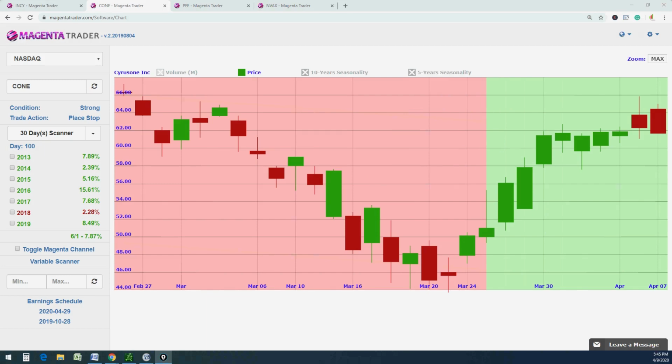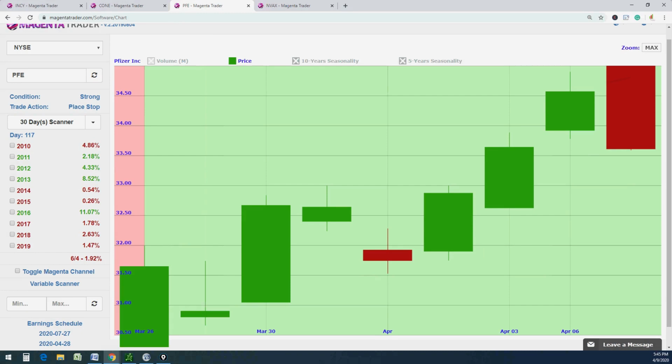Let's take a look at another stock. If we go to Pfizer, Pfizer is a company that a lot of people are aware of, but just in case you don't know who they are, Pfizer is a research-based global pharmaceutical company, and what they focus on is healthcare products. Now, on this day right here, which was the 27th, you can see the market said strong condition, and the trade action was a buy cover.